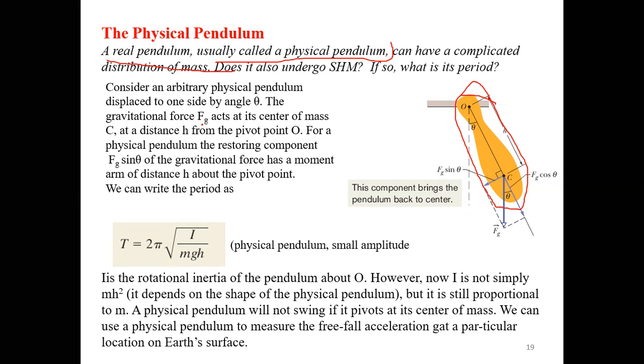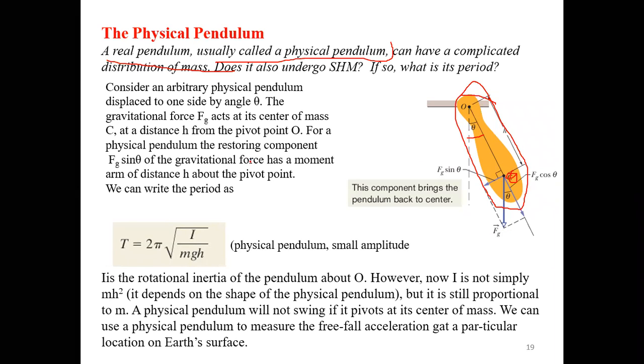Consider an arbitrary physical pendulum displaced to one side by an angle theta. The gravitational force Fg acts downwards. Fg acts at its center of mass at C, at a distance h from the pivot point.